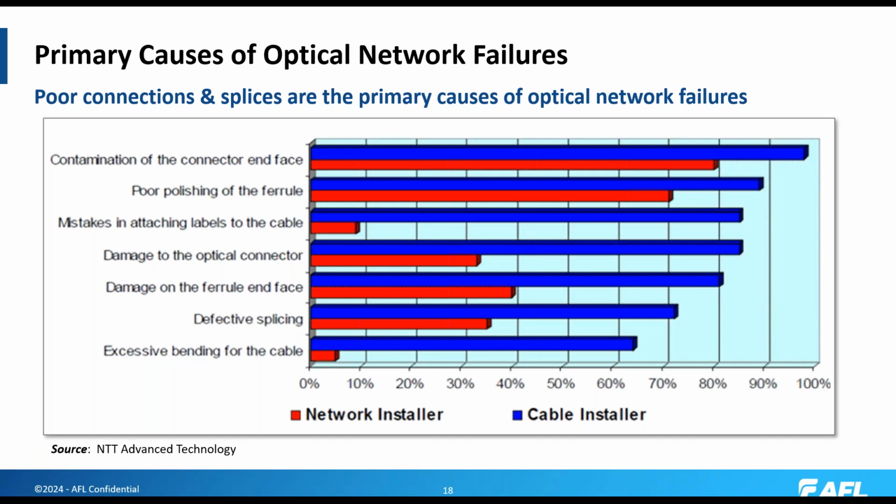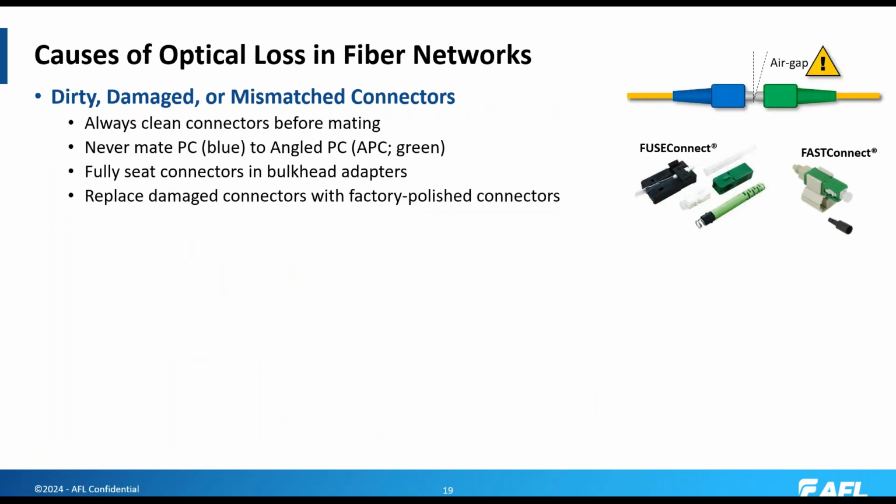Poor splicing, possibly because you didn't maintain your cleaver or you didn't keep your splicer V-grooves clean. And then lastly, excess bending, macrobends. You fail to take appropriate care of the bending when you finished your splice and dress the excess fiber inside your splice case or inside your cabinet.